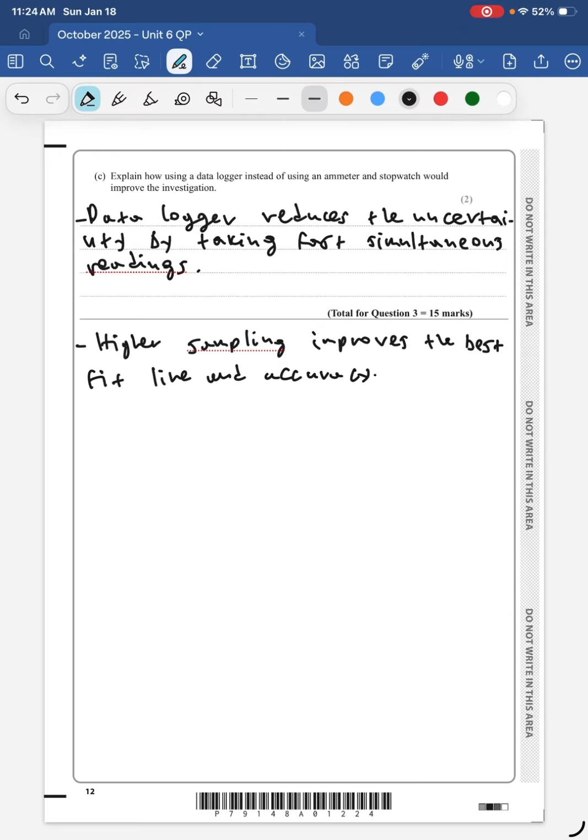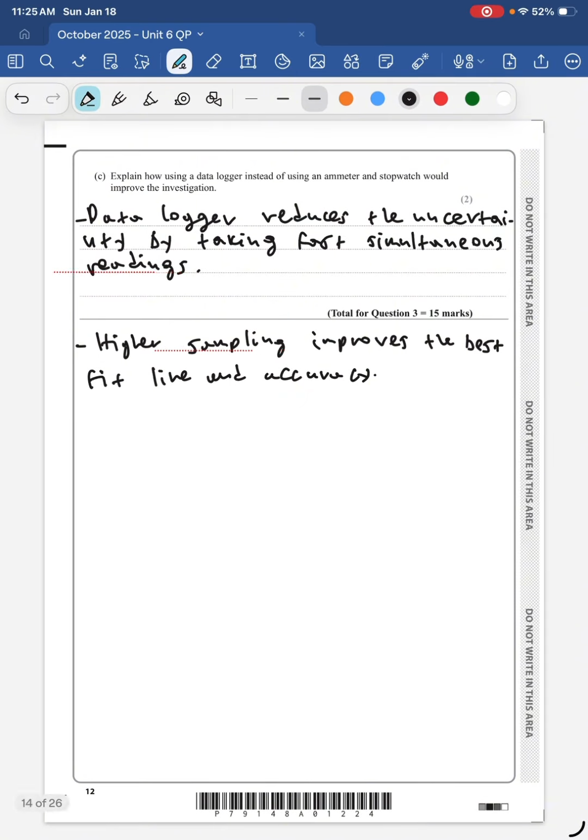Okay, let's check the mark scheme. They say that the data logger can take simultaneous readings. The readings will be closer to the true value, so less uncertainty, higher sampling rate. Okay, we set that, and less uncertainty in the best fit line.